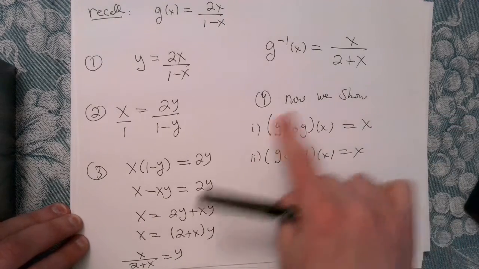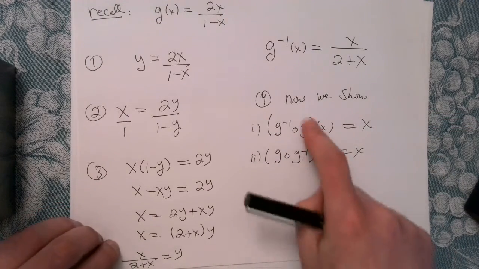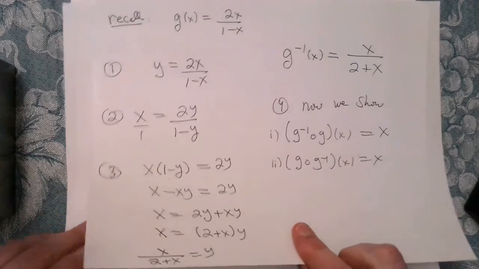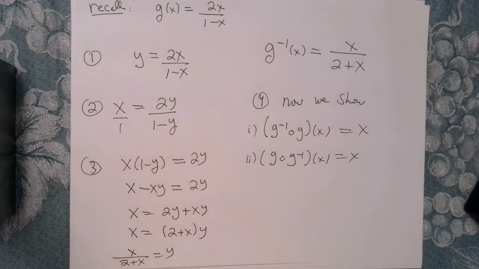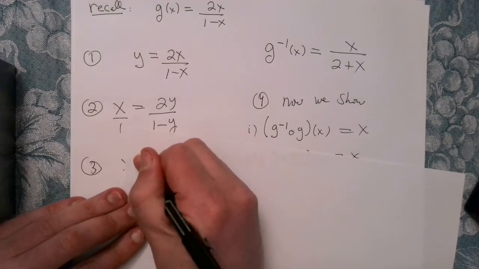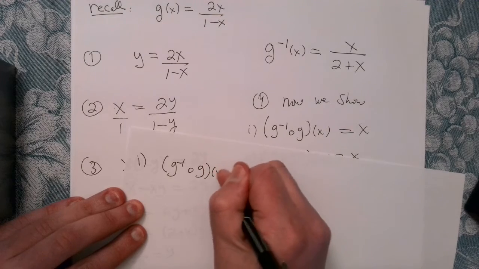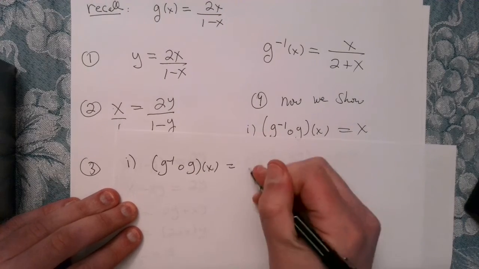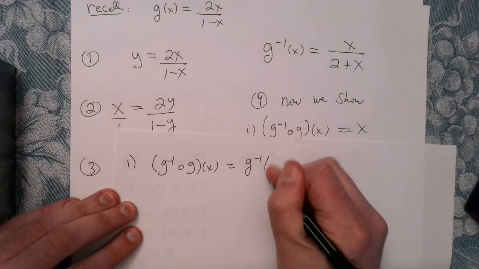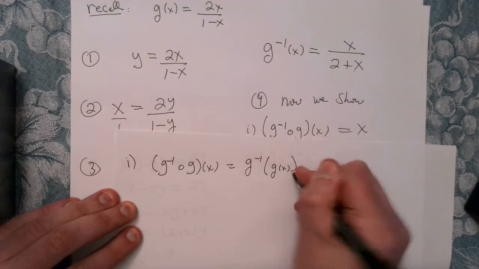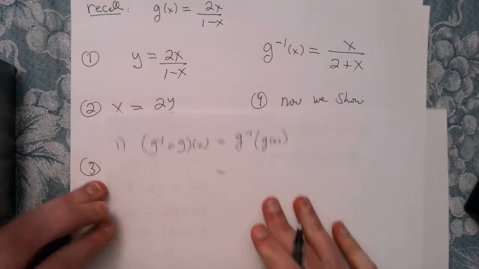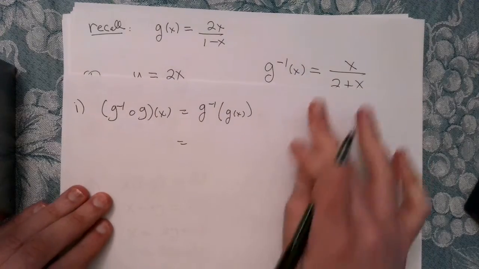Okay, so let's do this first. Again, the order doesn't matter, just as long as both of these are computed. So we want to compute g inverse after g of x. So what do we mean by this? That's g inverse of g of x. And so now we're just going to refer to these two.